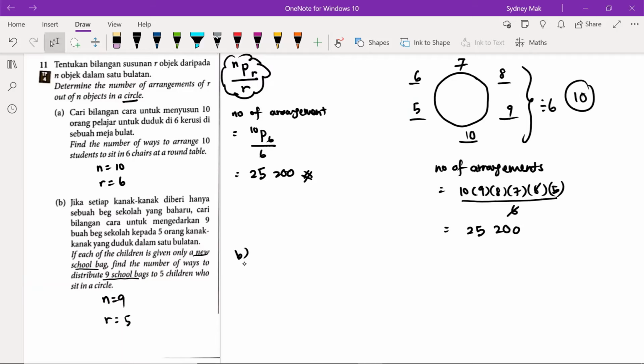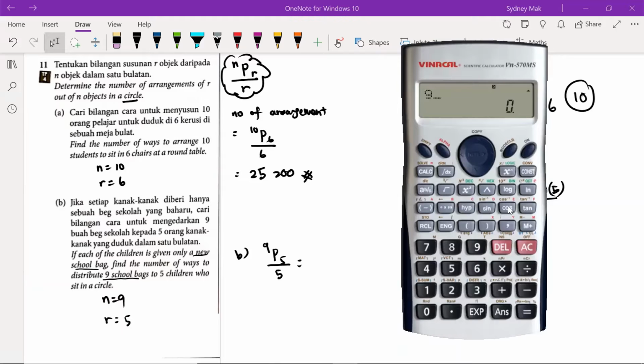Therefore, the number of arrangements will be 9P5 over 5. Use the calculator, 9P5, and then divide by 5. So we have 3,024 ways.